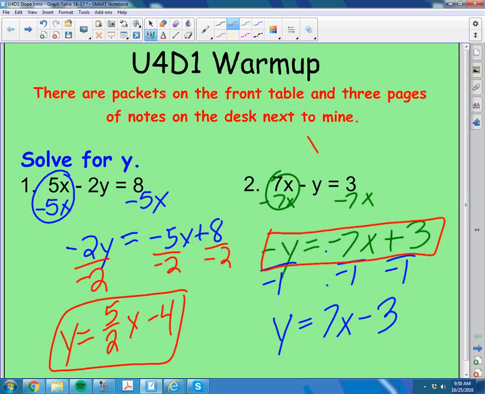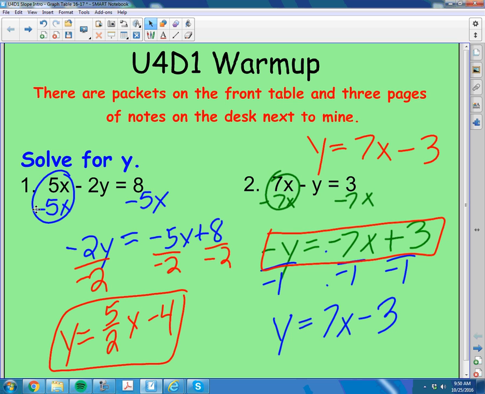So this becomes y equals 7x minus 3. Done. You can just change the value of everything. That's what I do. It's the same as dividing by negative 1 or multiplying by negative 1, but for me it's easier because it doesn't sound like it's math even though it really is. Okay? Any questions on that at all?